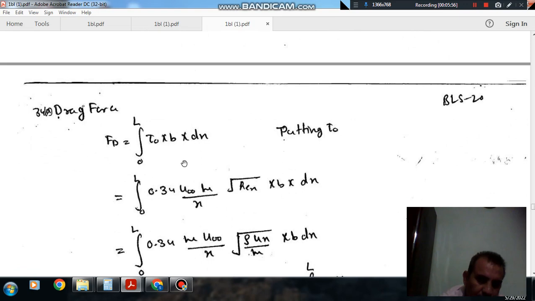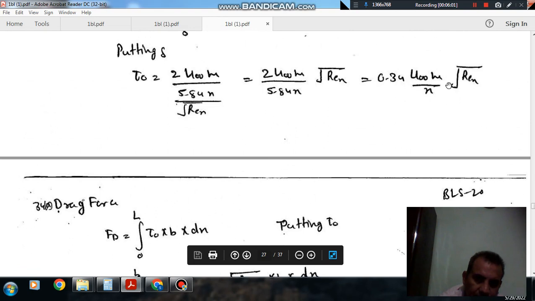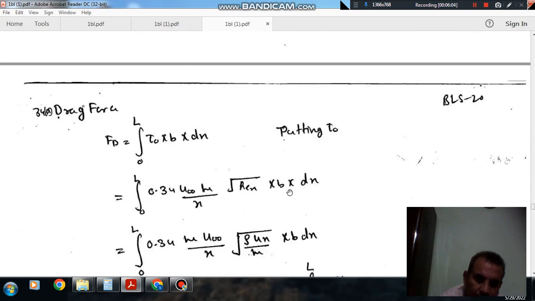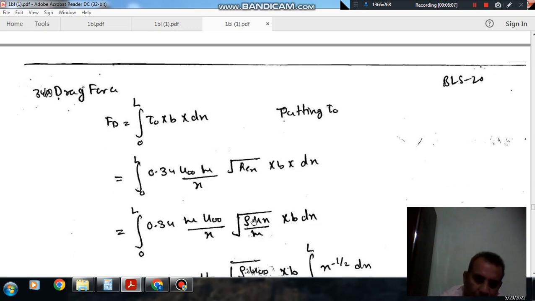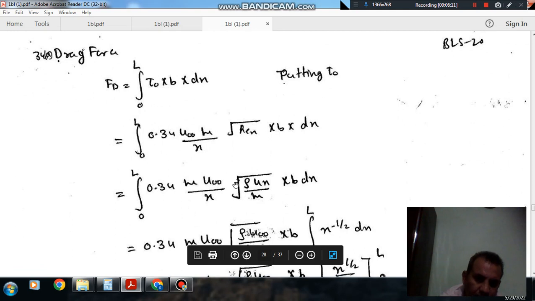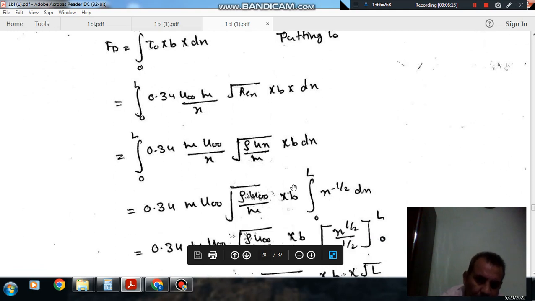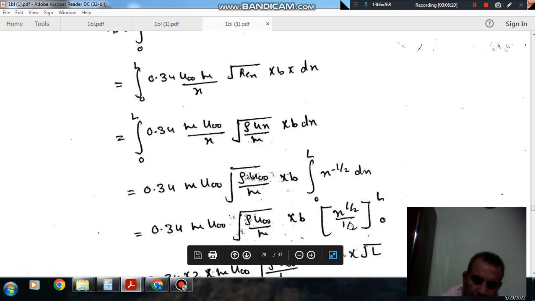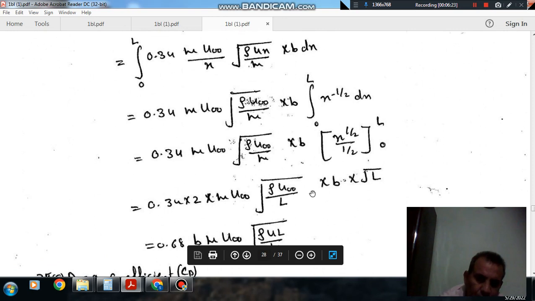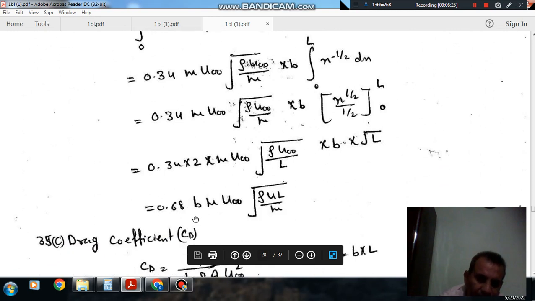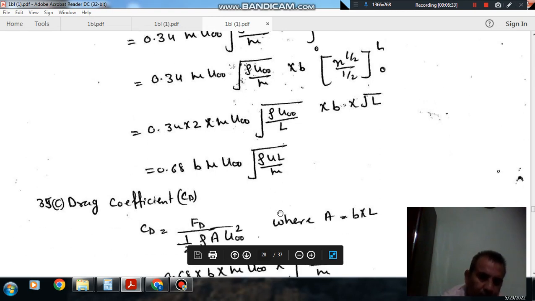So tau naught will be this quantity that we have derived, converting Rex into rho u x by mu so that we can get terms in x. Now it will be a constant quantity times x to the power minus 1 by 2, so it will be x to the 1 by 2 divided by 1 by 2, from L to 0. So it will be 0.68 mu u infinity root rho u L by mu. So that is drag force.